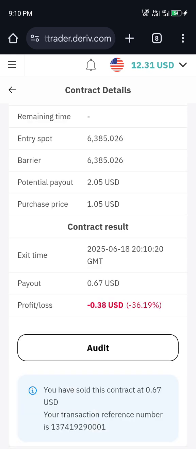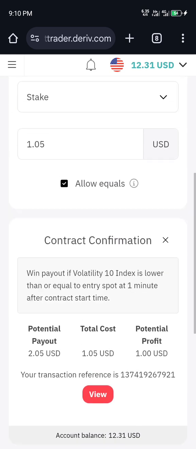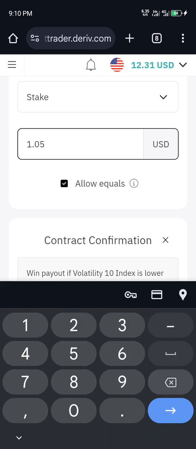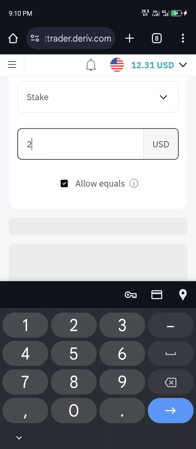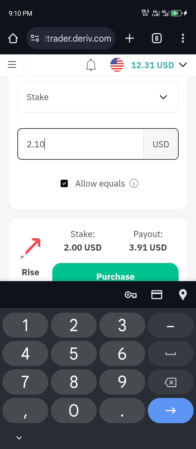Check the countdown. I've seen 45. This thing loss, I cut it short, though it later moved to my favor, but I've sold it already. So I moved to the third stage, $2.10.